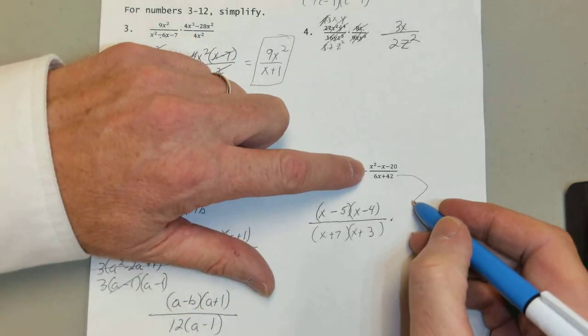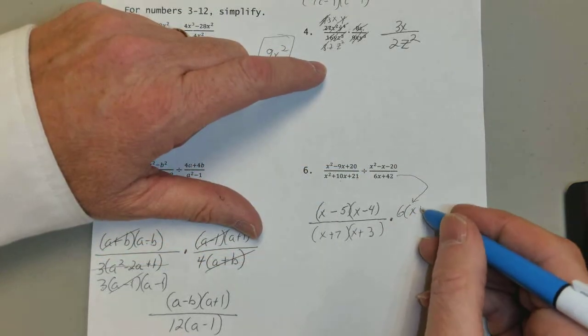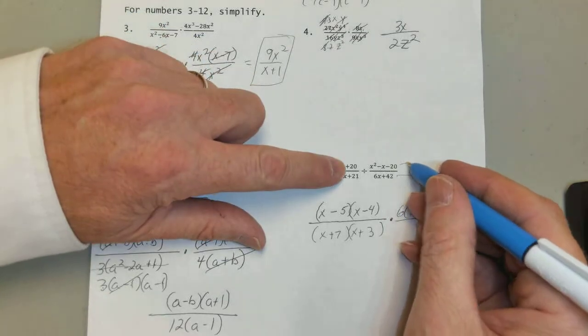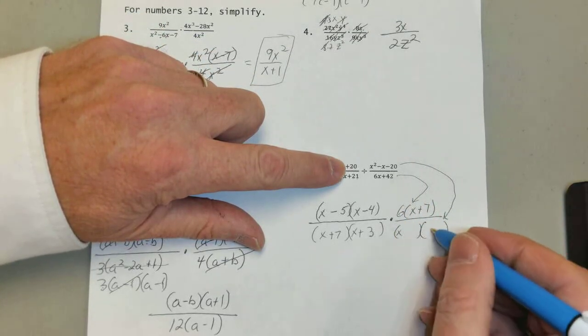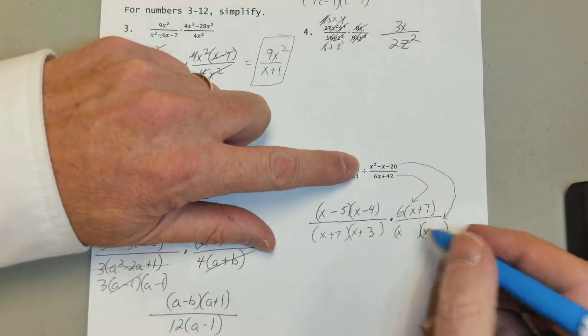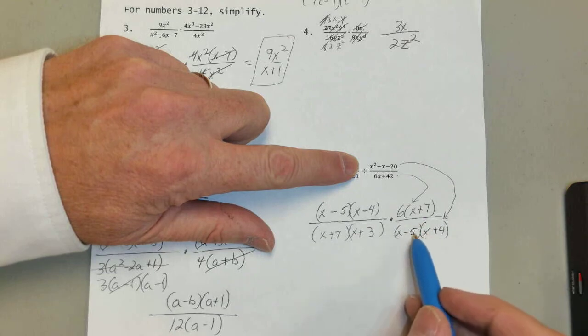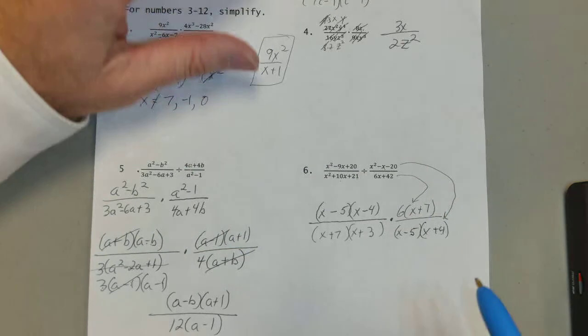This one, I'm putting this one on top because I'm inverting and multiplying. 6 times x plus 7. This one I'll put on the bottom. Multiplies to negative 20 and adds to negative 1. Negative 5 plus 4 is negative 1. Negative 5 times 4 is negative 20.